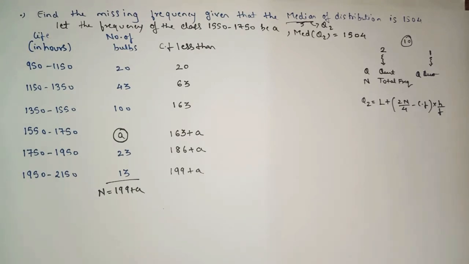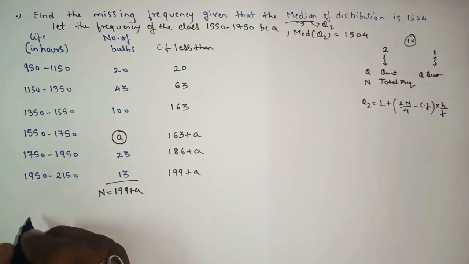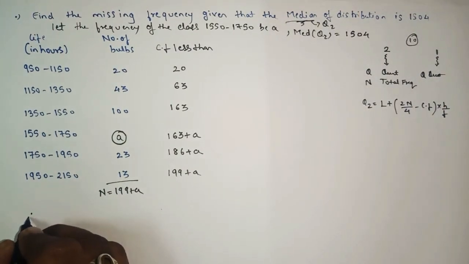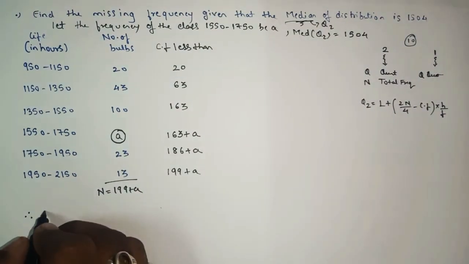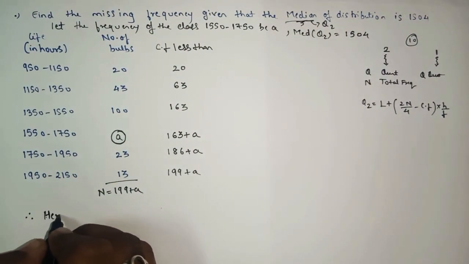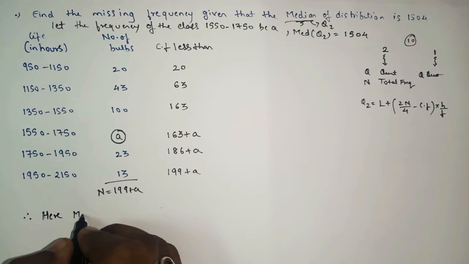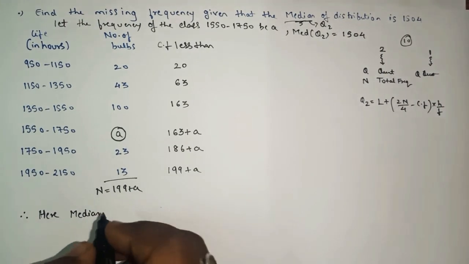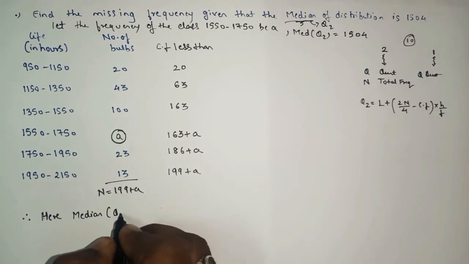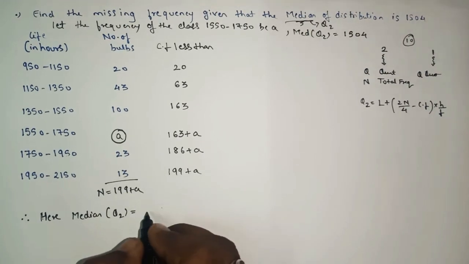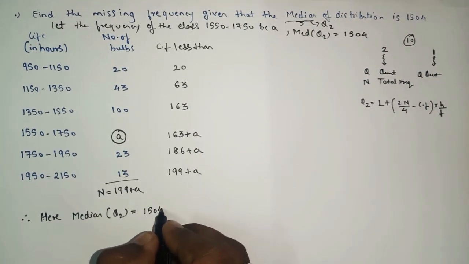Okay. So now after this we have the value. Here we know that we have the value of the median. Yes or no? The value of the median, median means what? Here it is known as Q2. It is 1504.